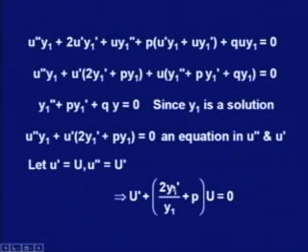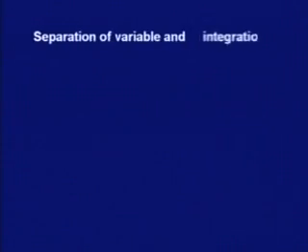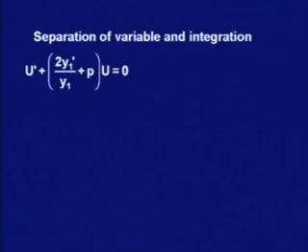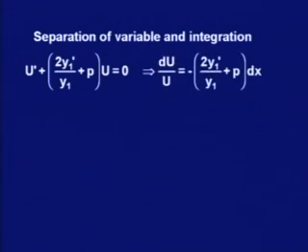So, we will solve it by using the variable separable method, that is, first separating the variables and then integrating it. Separating the variables, we get dU upon U is equal to minus 2 y 1 dash upon y 1 plus p times dx. Now, integrating on both sides, we get log U is equal to minus 2 log y 1 minus integral p dx.